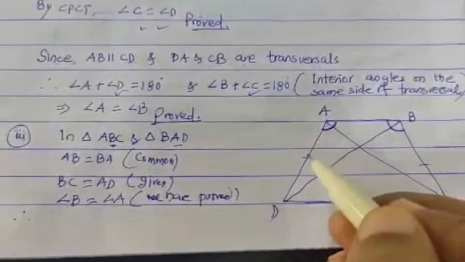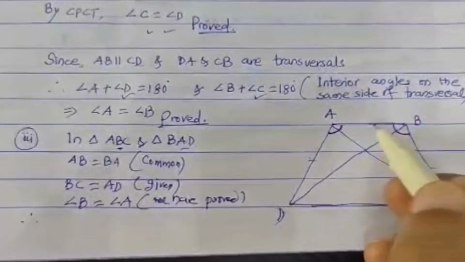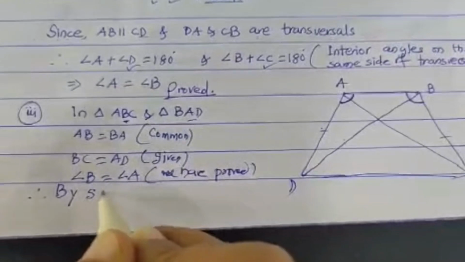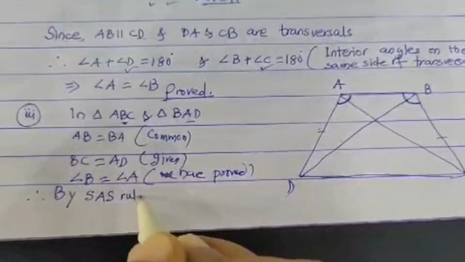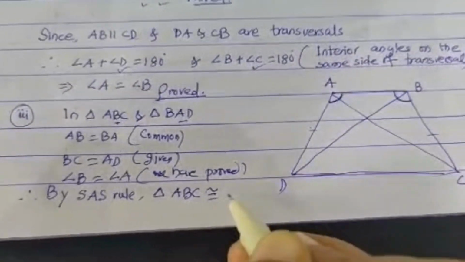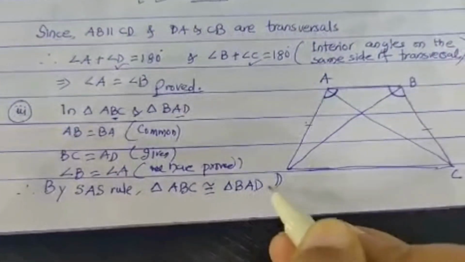Therefore, by SAS rule, triangle ABC is congruent to triangle BAD.